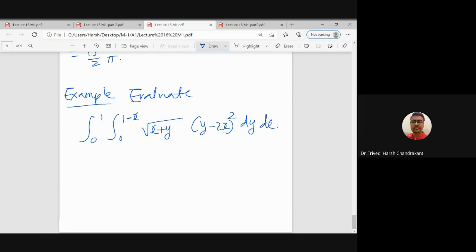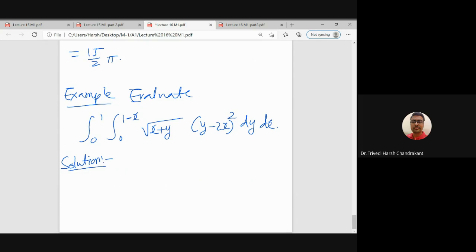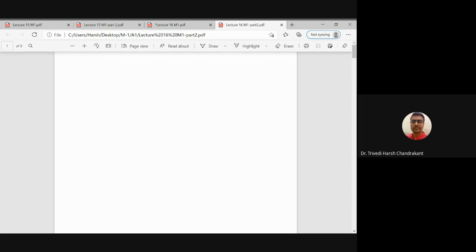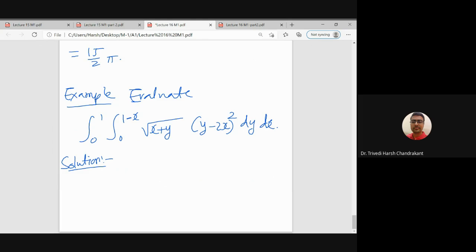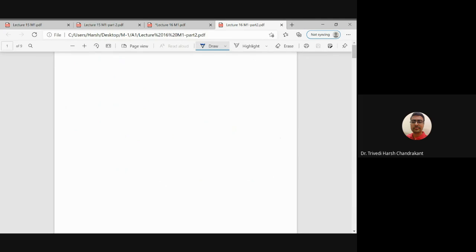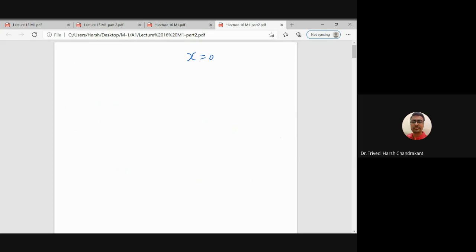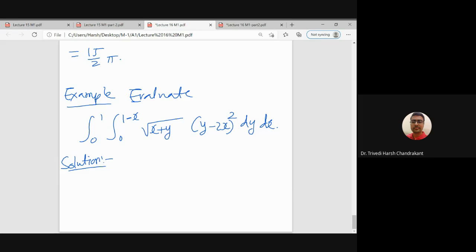So let us first find out what is the region of the integral. Here, let us go to the next PDF. The region of the integral is from x equals 0 to x equals 1. And the limit of y is from y equals 0 to y equals 1 minus x, right?